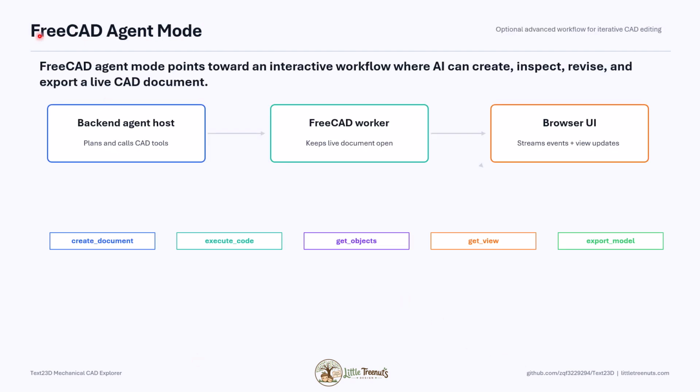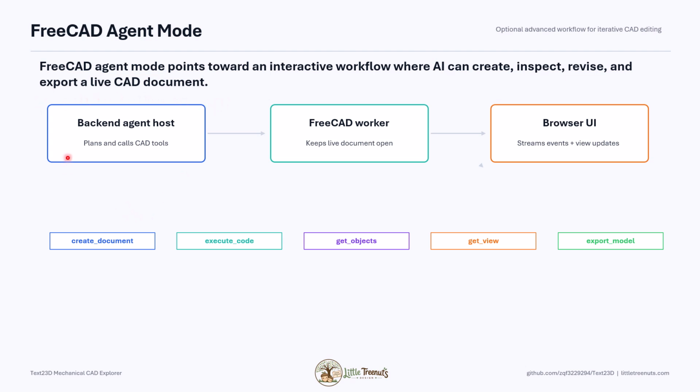Previously we talked about the CAD generation pipeline, and now we are talking about the FreeCAD agent mode. The FreeCAD agent mode points towards an iterative workflow, where AI can create, inspect, revise, and export a live CAD document.